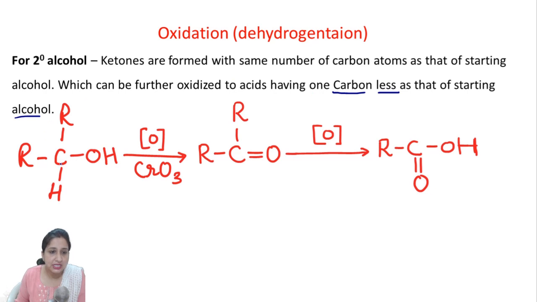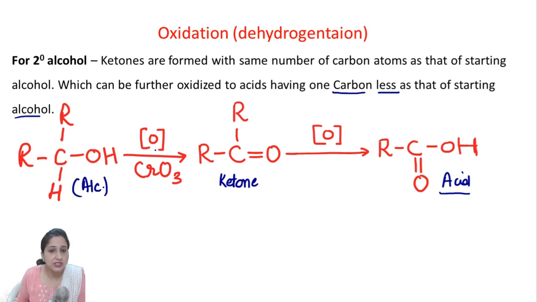Look beta, in this case 1, 2, 3 carbons. 1, 2, 3 means the ketone has the same number of carbon atoms as that of the starting alcohol. But if we see this acid, it has only 2 carbons. So the acid has one carbon less than that of the starting alcohol. So this is the main difference between 1 degree and 2 degree alcohols.